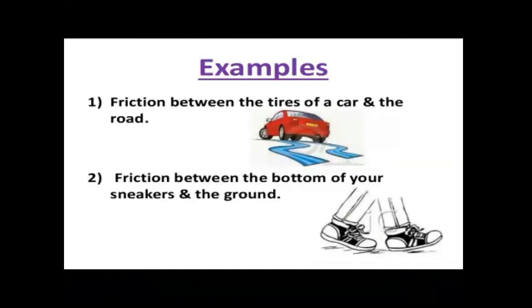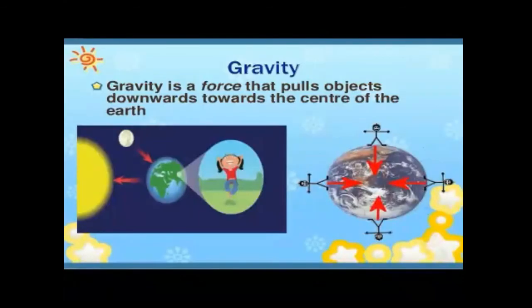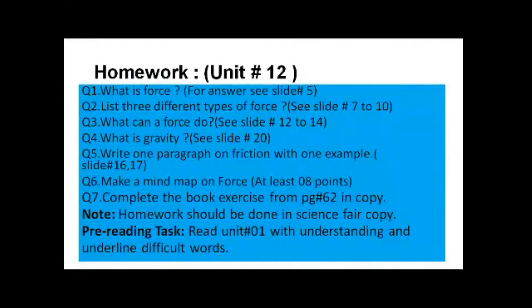Hurry up. Now the next question is about gravity. What is gravity? Gravity is an attractional force that pulls objects downward toward the center of the earth. From these points you can make a mind map on force, at least 8 points.